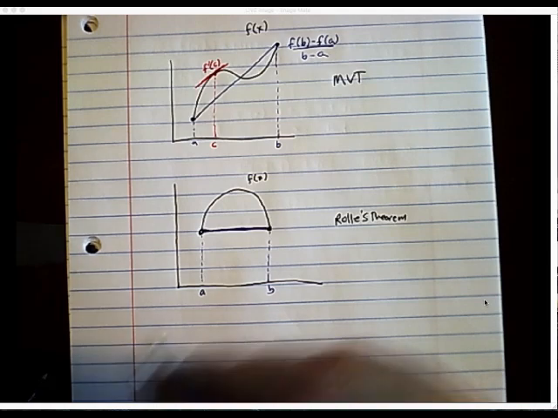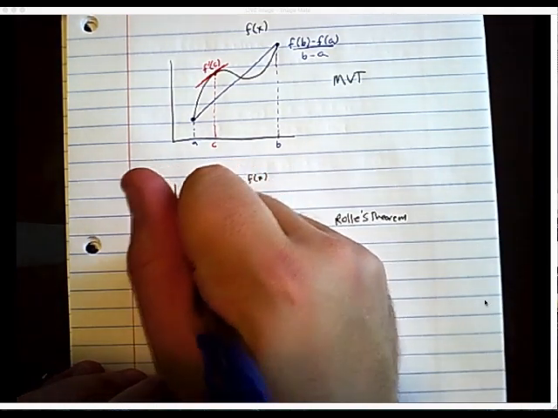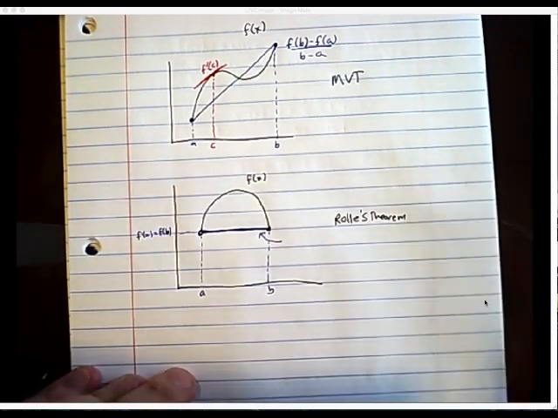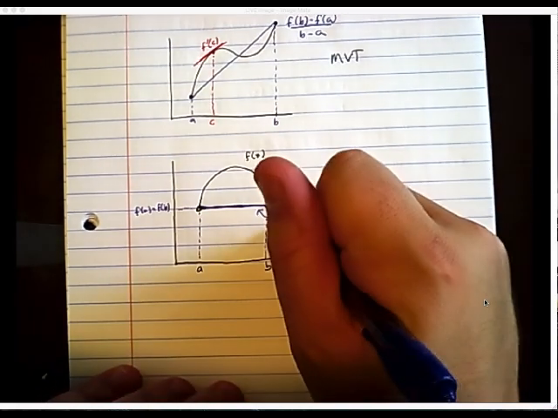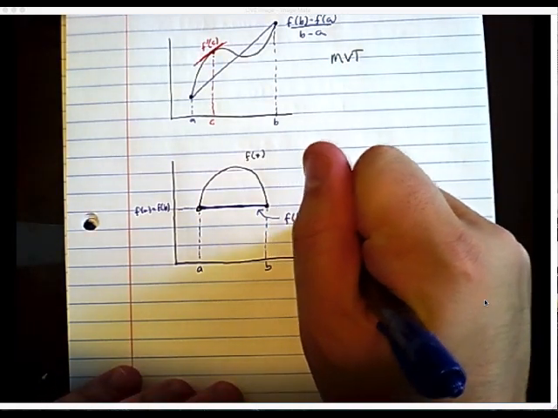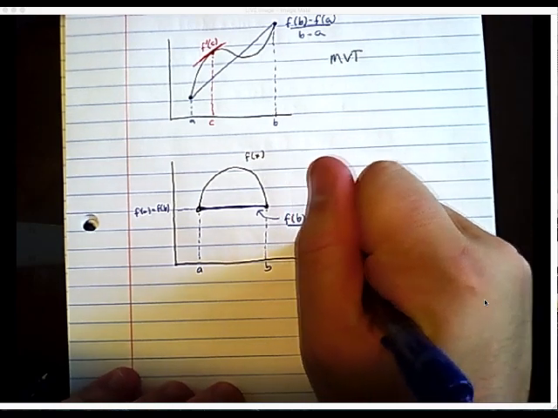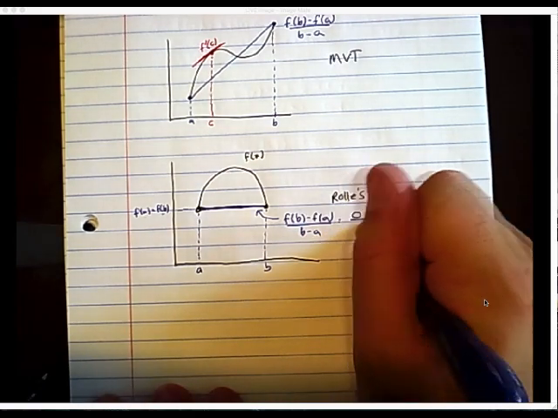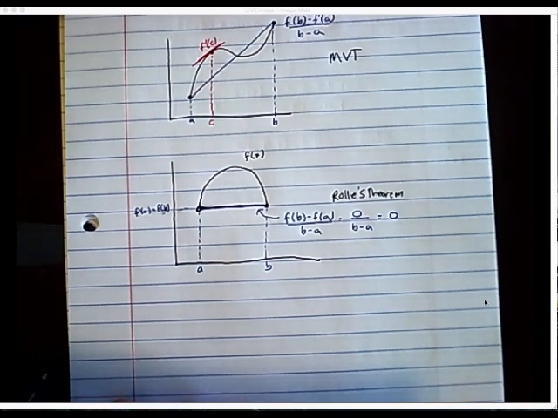Here, this right here is equal to f of a, but it's also equal to f of b. So if we wanted to find the slope there, we do it exactly the same way, f of b minus f of a over b minus a. But since f of b is the same as f of a, that just becomes 0 over b minus a, which is 0.